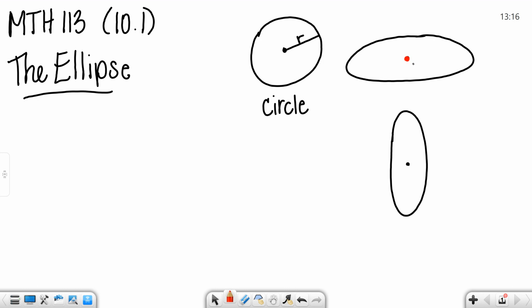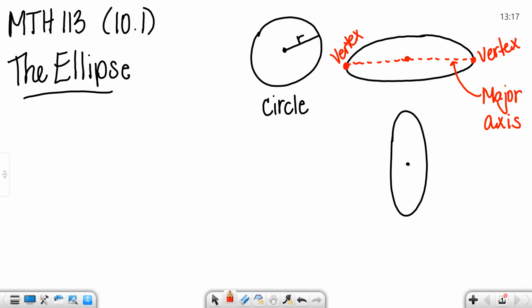All right, so this point is definitely our center point. And then we will have what's called a major axis. The major axis runs through the center. And these points where it actually touches are considered vertices. So each one is considered a vertex.